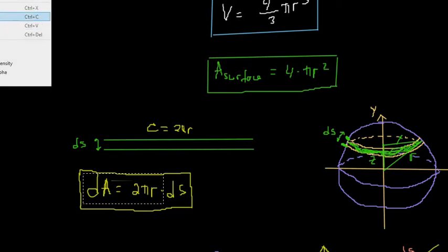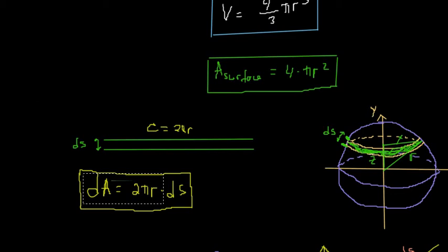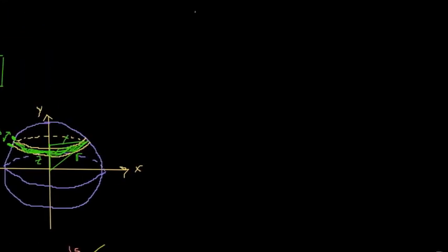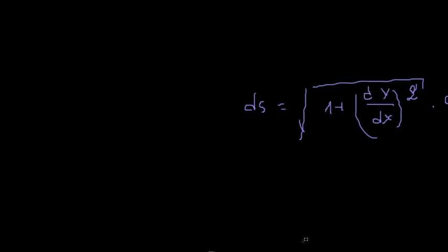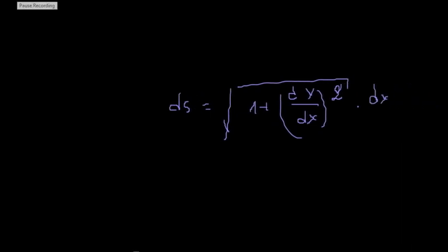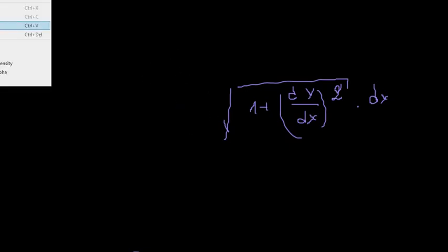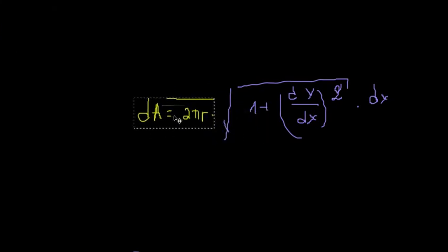We were able to get ds, so we need to just multiply it here, and here we are. Okay, so what we are going to do right now is we are just going to integrate it.